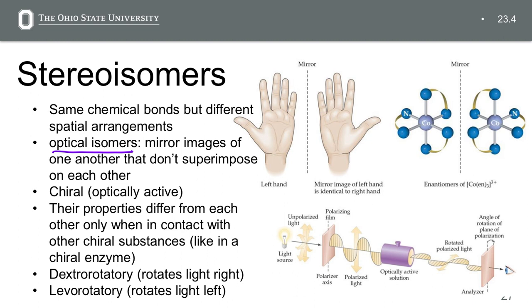And those molecules are what we call chiral, or optically active. And they have certain properties where they interact with light in certain ways. And you'll see this a lot more, again, if you're taking organic. You'll see dextrorotatory, which means that a certain type of molecule will rotate light, which way is this, to the right, and then levorotatory rotates it to the left.